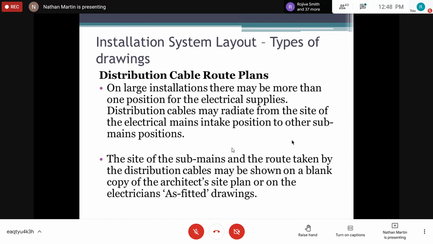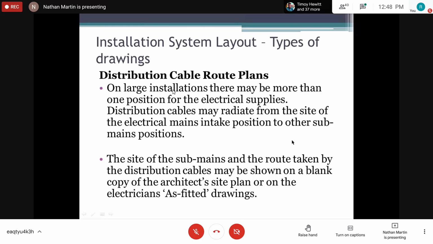Distribution cable route, right? On large installations, there may be more than one position for the electrical supplies. So we're talking about a multi-story building, right? And a lot of times, and I can tell you from experience in UTech, they lost these diagrams and people just bury cables all over the place, right? And then lose the route where the cable is, and then they have to create new cable routes and abandon the old one and all of that, right?